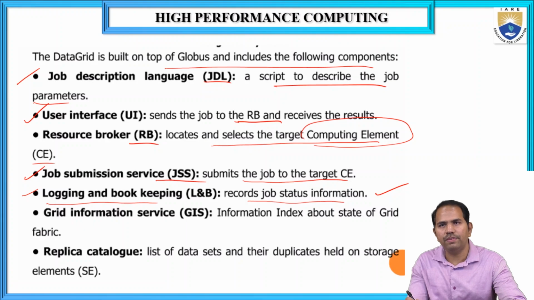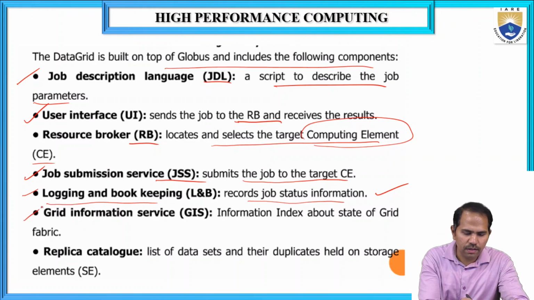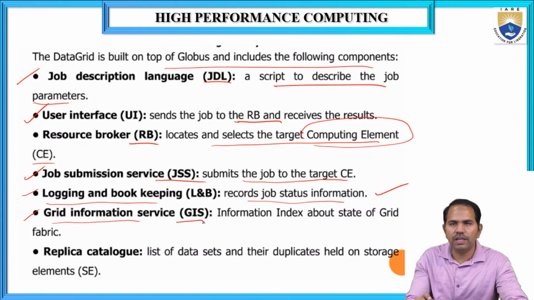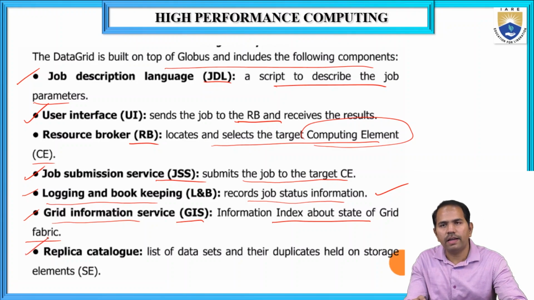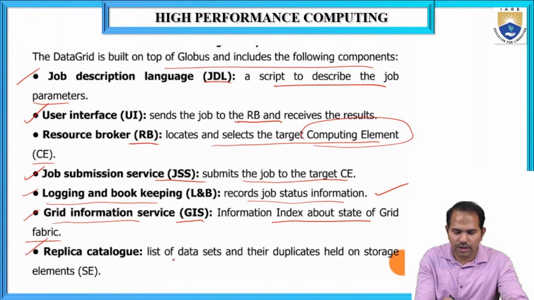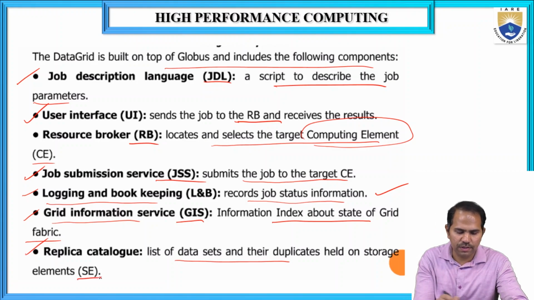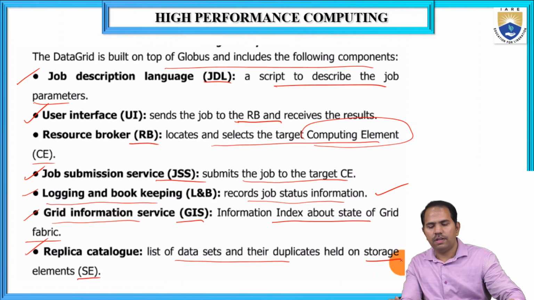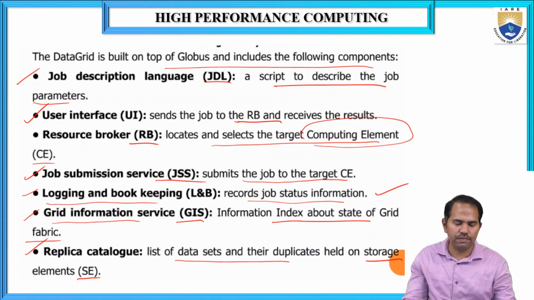Next is the grid information service, GIS, an information index about the state of the grid fabric. And next is the replica catalog, a list of data sets and their duplicates held on storage elements, SE.